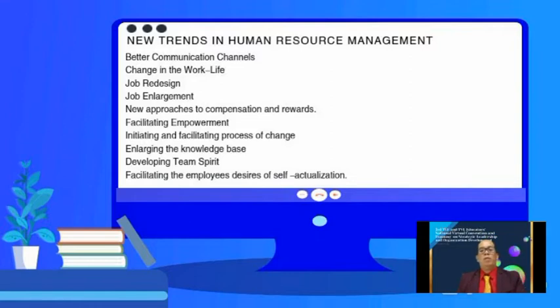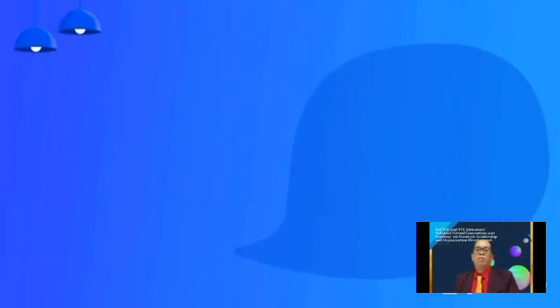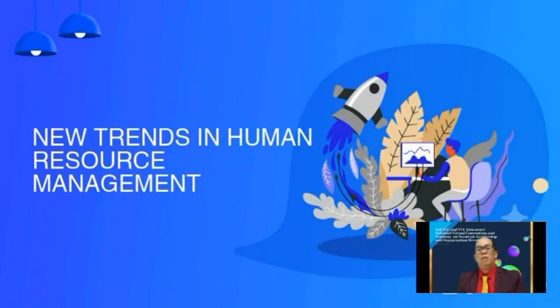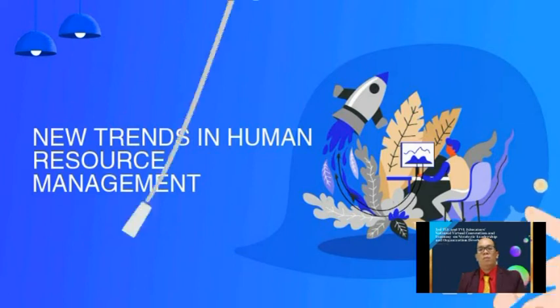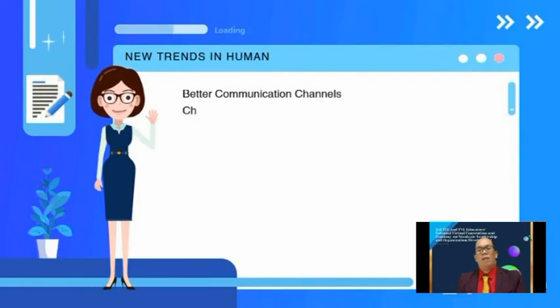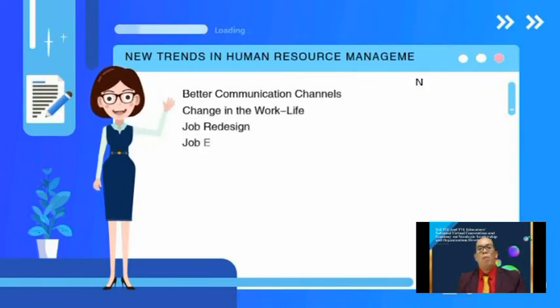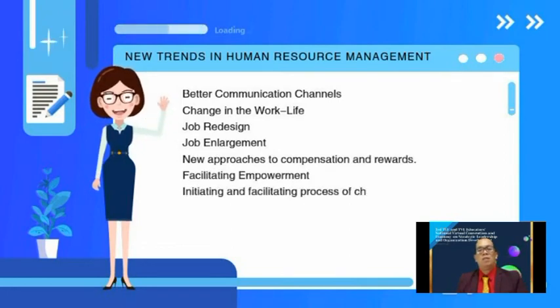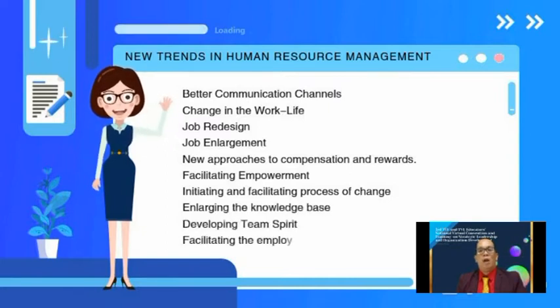Facilitating empowerment. So people in human resource management will do this, empowering people in the organization, even people from the undermost level in the hierarchy. They are being empowered. I remember when I was still working with Radisson Blue in the Sultanate of Oman, we had the so-called guest service program, wherein all members of the staff are empowered to invoke the guarantee of 100% guest satisfaction.